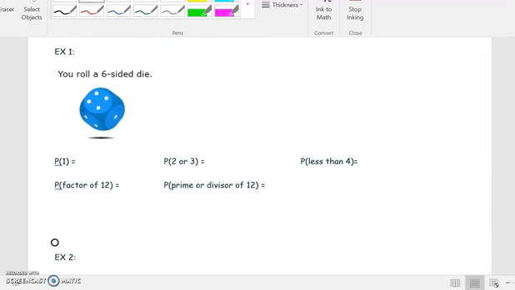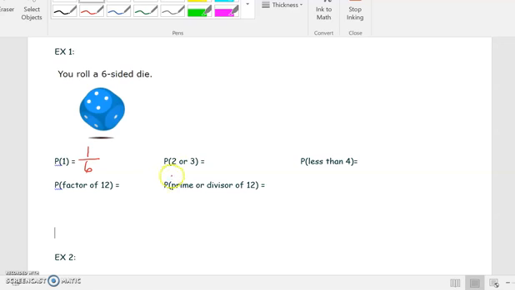If we're rolling a 6-sided die, our possibilities on the roll are 1, 2, 3, 4, 5, and 6. So there are 6 possible outcomes. If we want to know the probability of rolling a 1, there's only one way I can roll a 1 out of 6 possible outcomes. So the probability of rolling a 1 is 1/6.